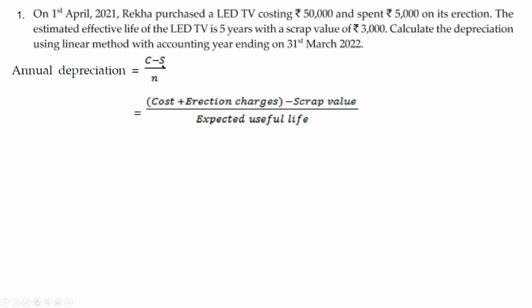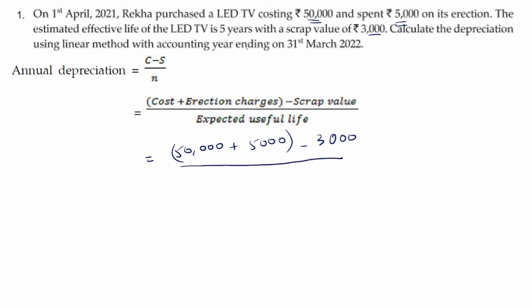It is given by C minus S by N. It is equal to cost plus erection charges minus scrap value upon expected useful life. So here the cost is 50,000 plus erection charges 5,000 minus scrap value 3,000 upon expected useful life 5 years.